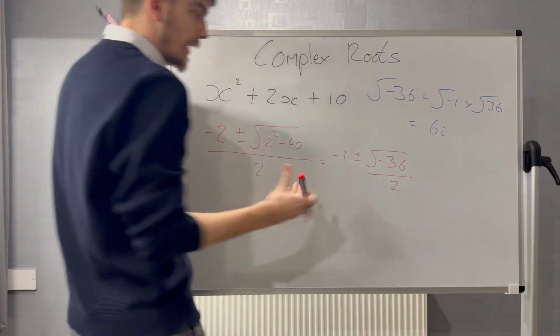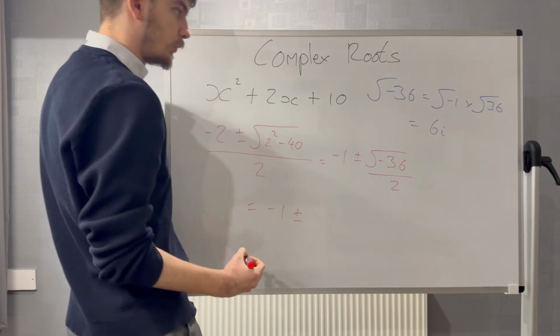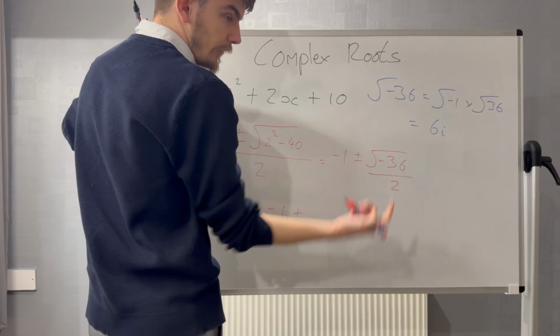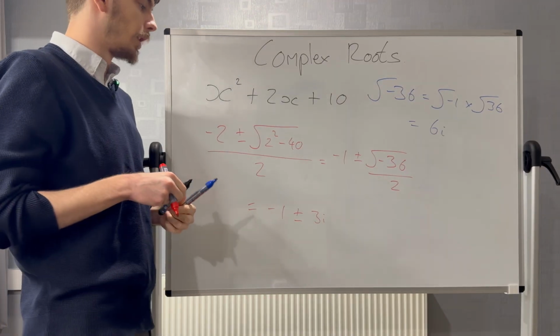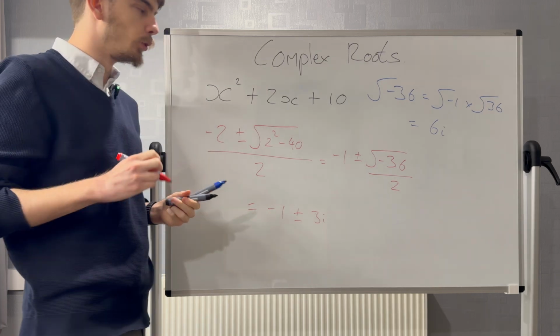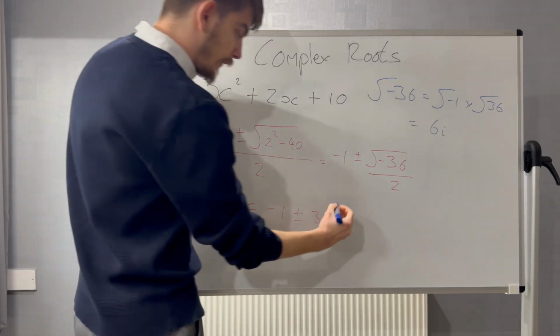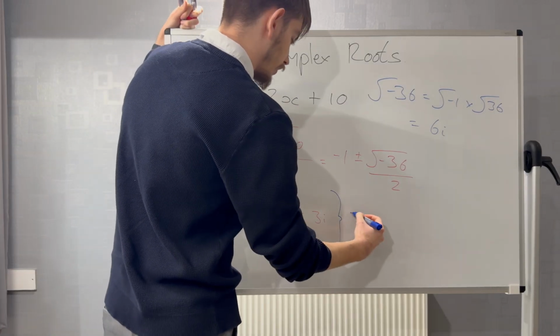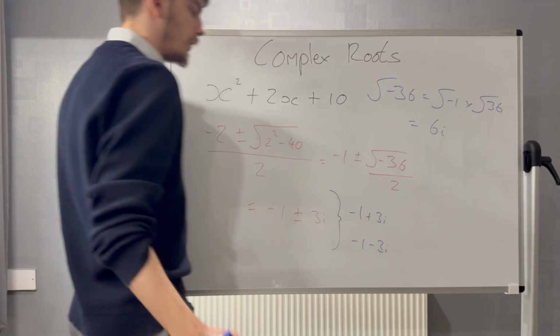So I can put all that together and I can get minus 1 plus or minus 6i divided by 2, which is 3i. And then here are my 2 roots of this equation. So to write it out fully, my roots are minus 1 plus 3i and minus 1 minus 3i.